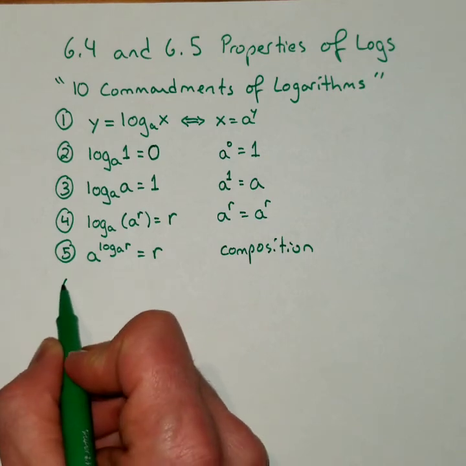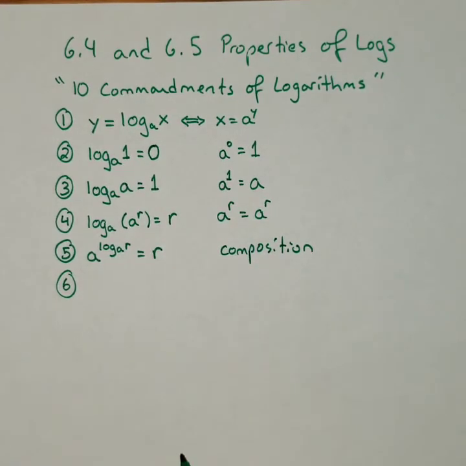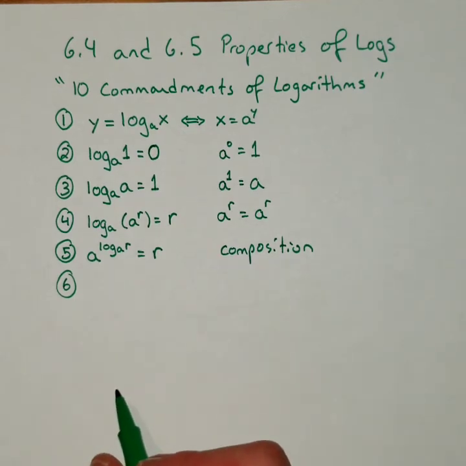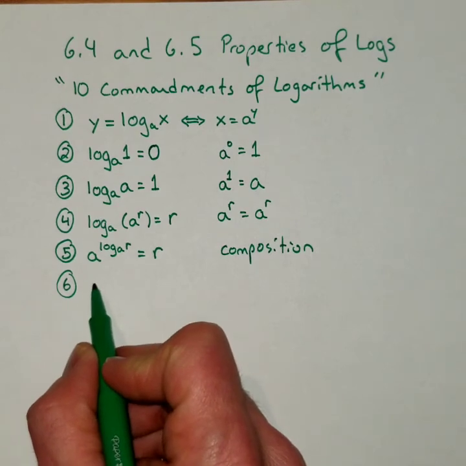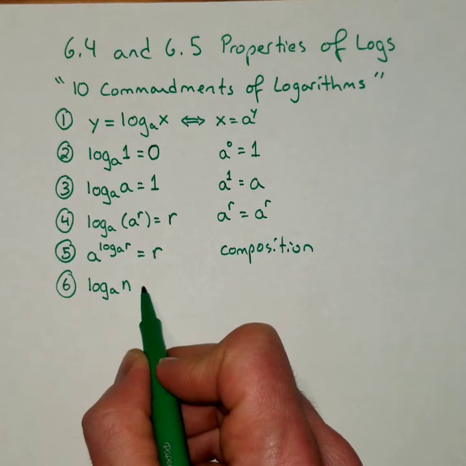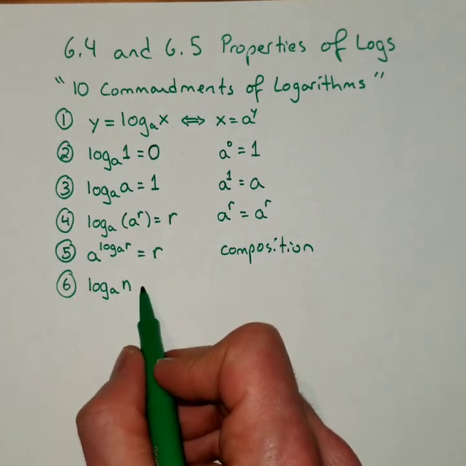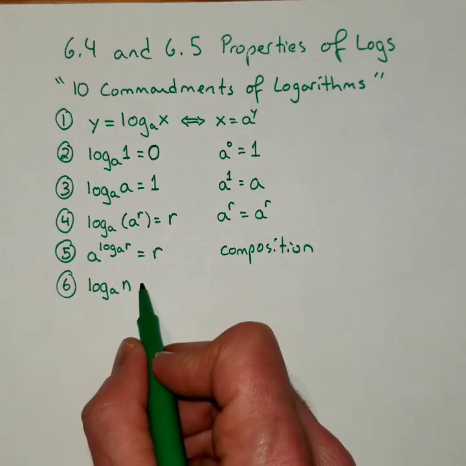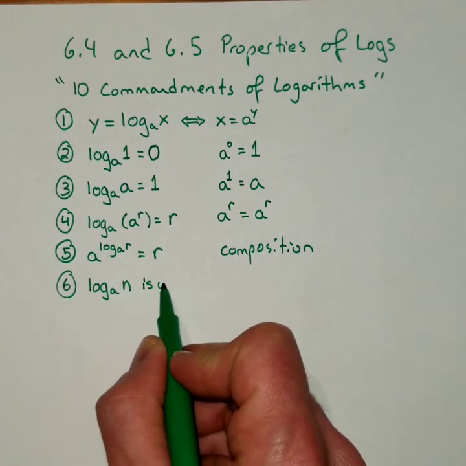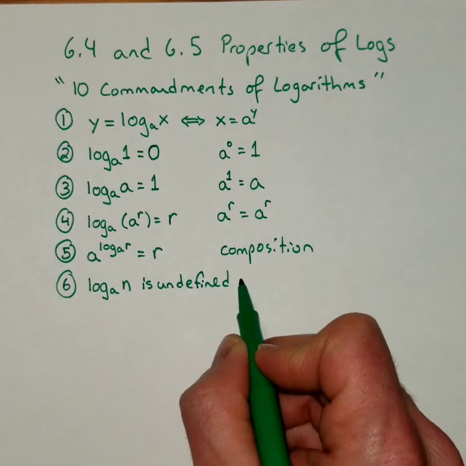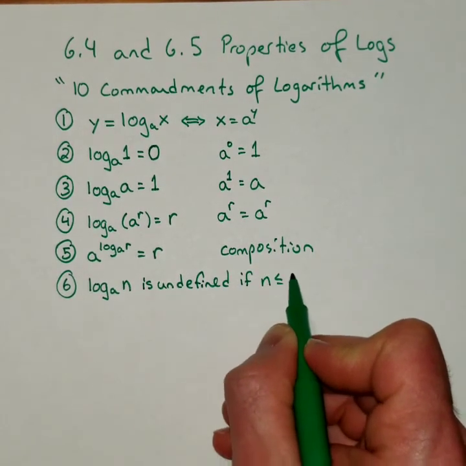Now, property number 6 is kind of an interesting one. Most of these are helping us to evaluate logarithms, but there are some logarithms that you actually can't evaluate, and that is the log base a of n when n is negative or 0. So this would be undefined if n is less than or equal to 0.